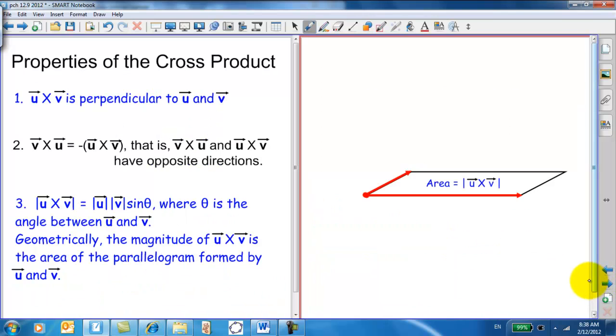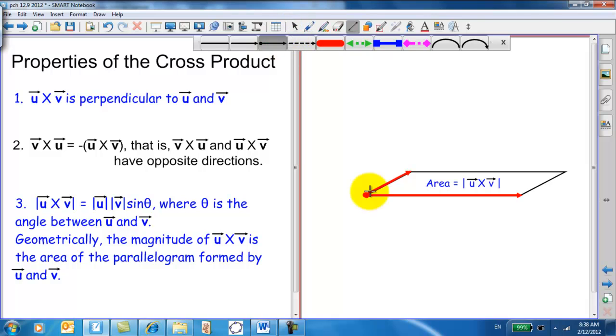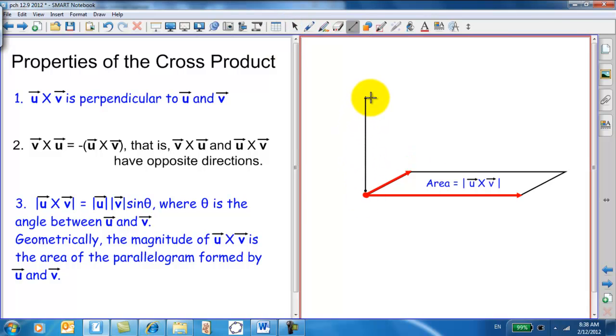So here's v, u cross v, a vector going up like this. And here's u, v cross u going in the opposite direction. Same magnitude, but exactly the opposite direction.